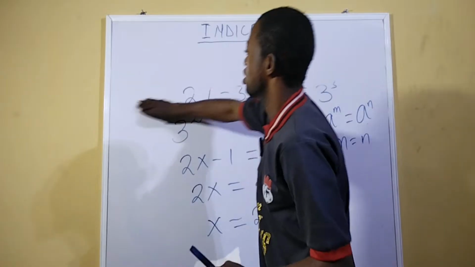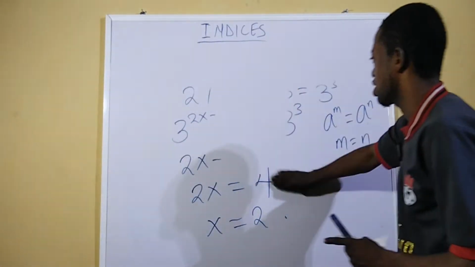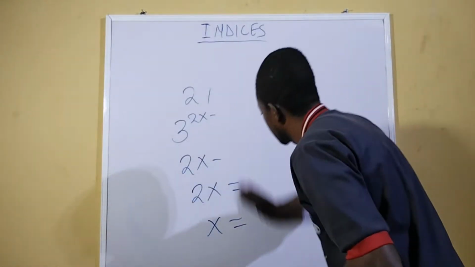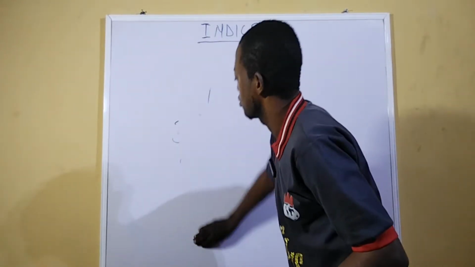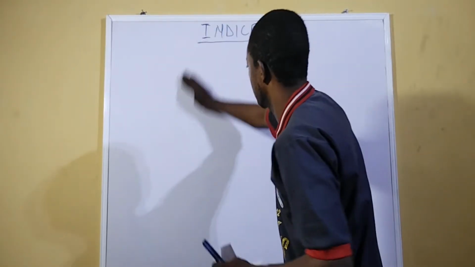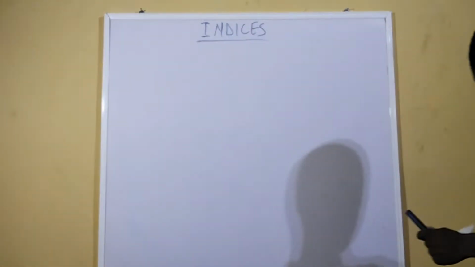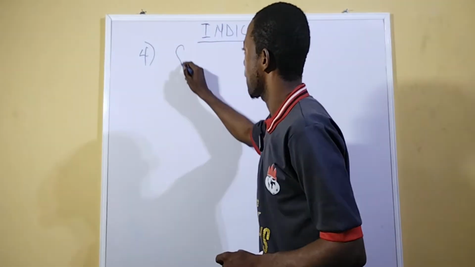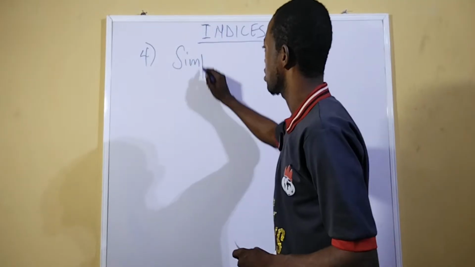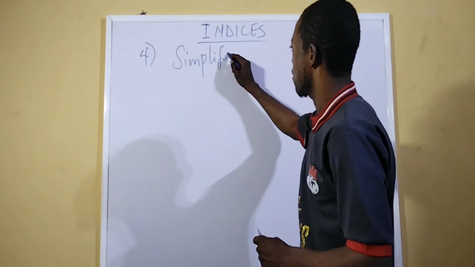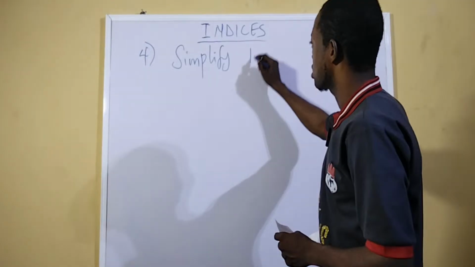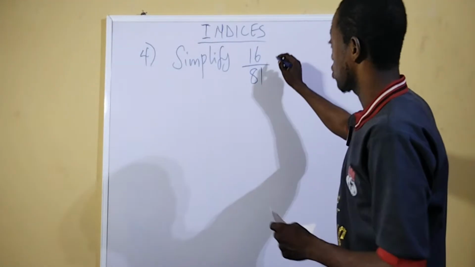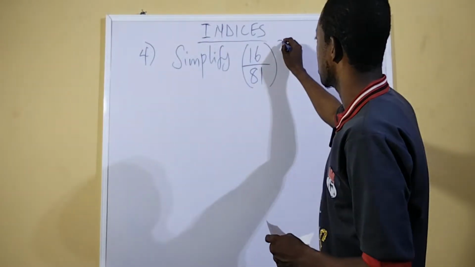Still under the application of indices. Okay, now number 4, simplify 16 over 81 all raised to power 3 over 4.